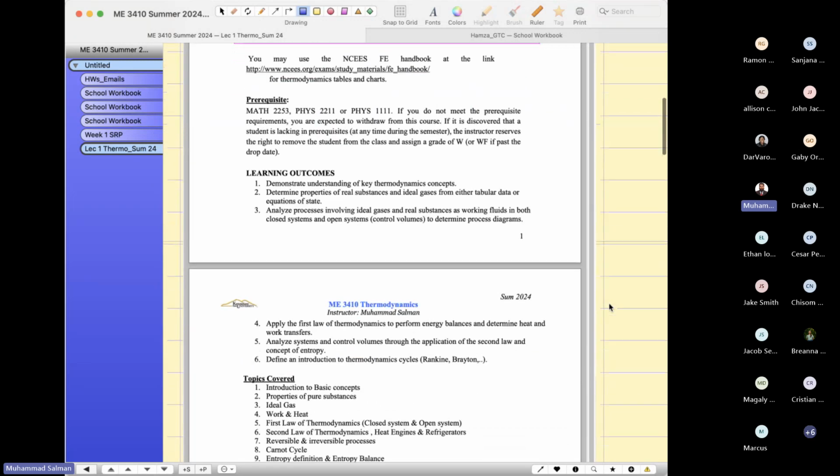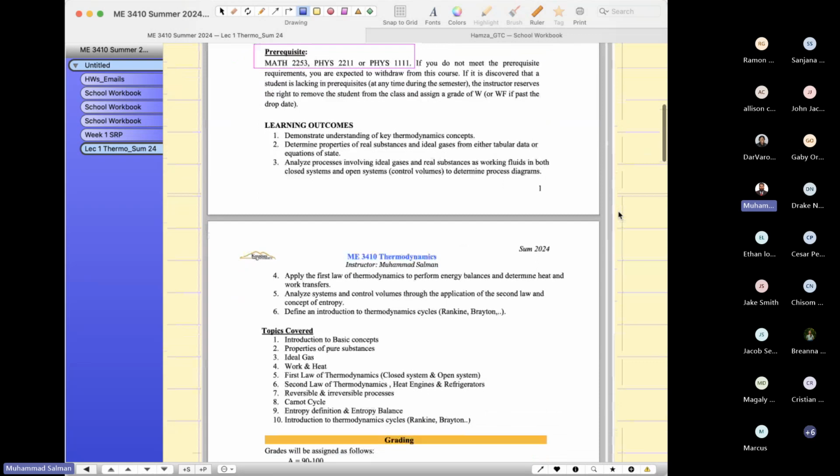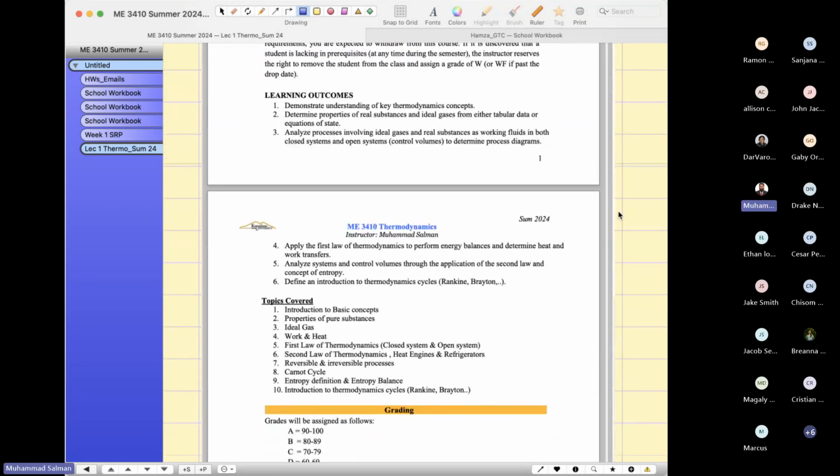All right, I feel that you guys have already taken Math 2253, Physics 2211, and 1111, and these are the prerequisites for this class. As for the learning outcomes, you will learn key thermodynamic concepts, and you will be able to read the ideal gas data at the end of the book.